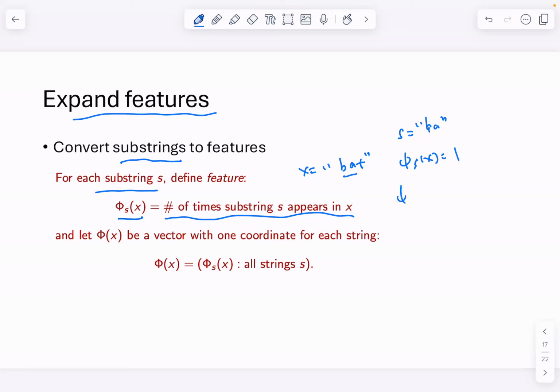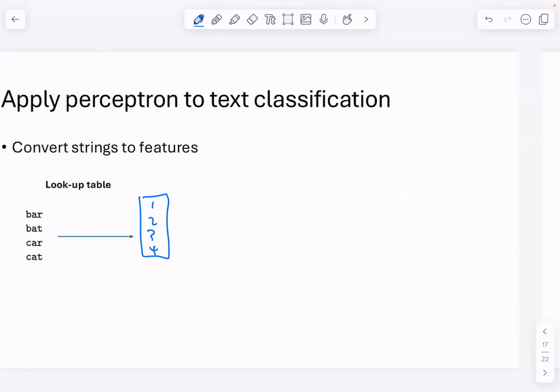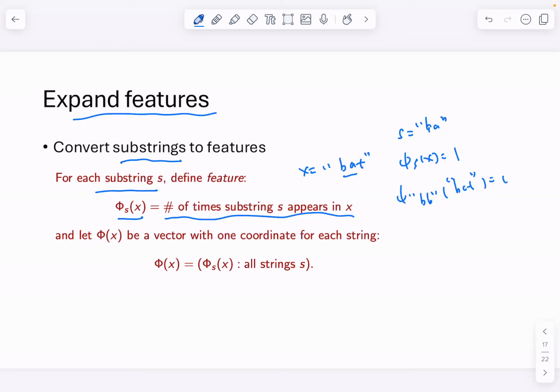What about the substring BB? This would be 0, because there's no BB substring in the word bat. So this is how we can convert the word bat to some numbers, and actually to a vector.